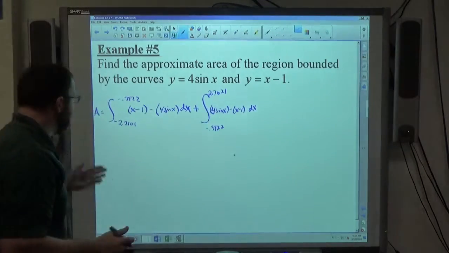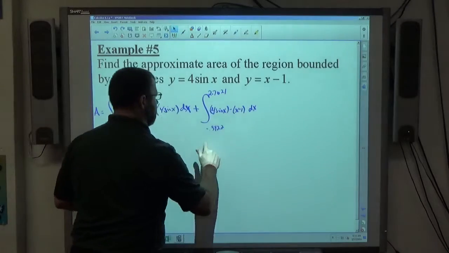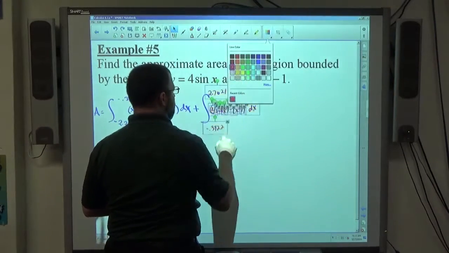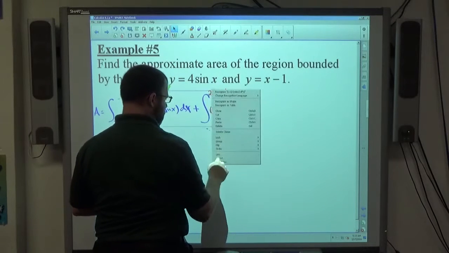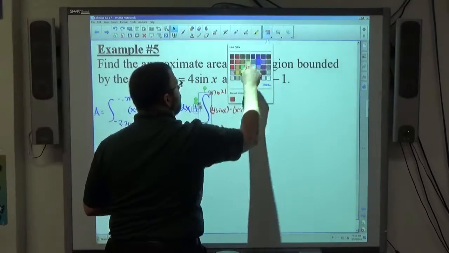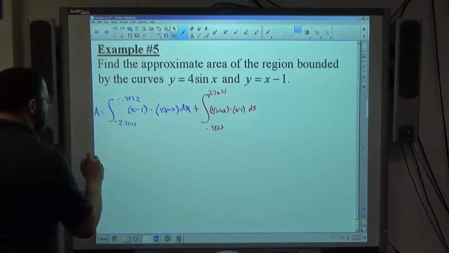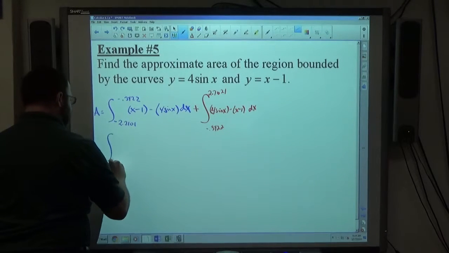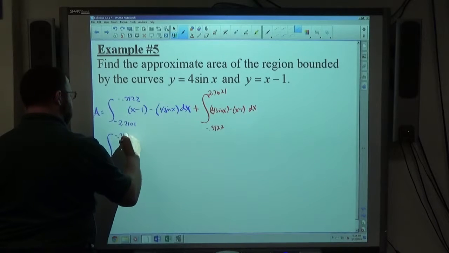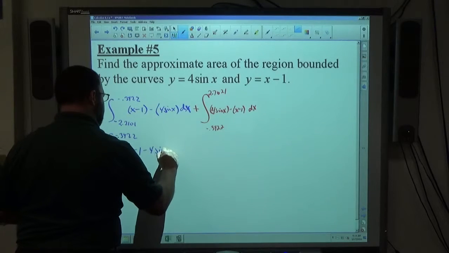So, if I simplify each one, let me do a blue one and a red one so we can see the differences. The blue one is going to be negative 2.2101 up to negative 0.3422, and it's just x minus 1 minus 4 sine of x dx.